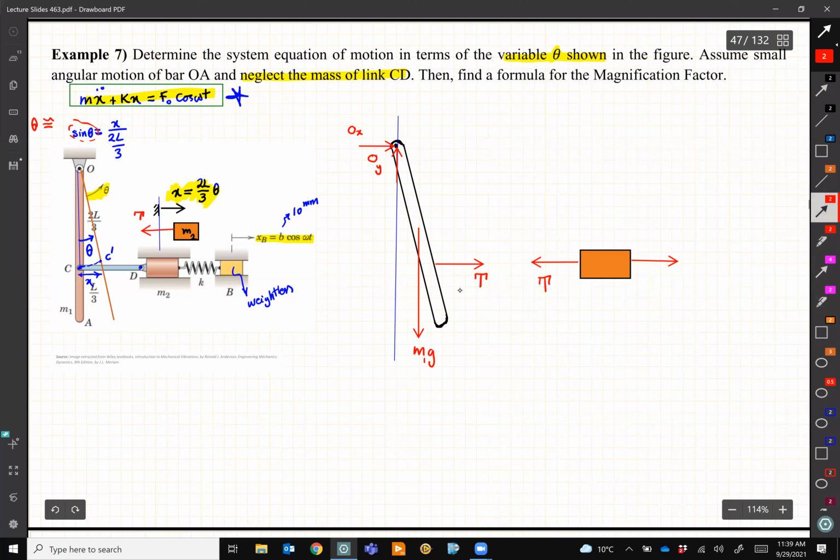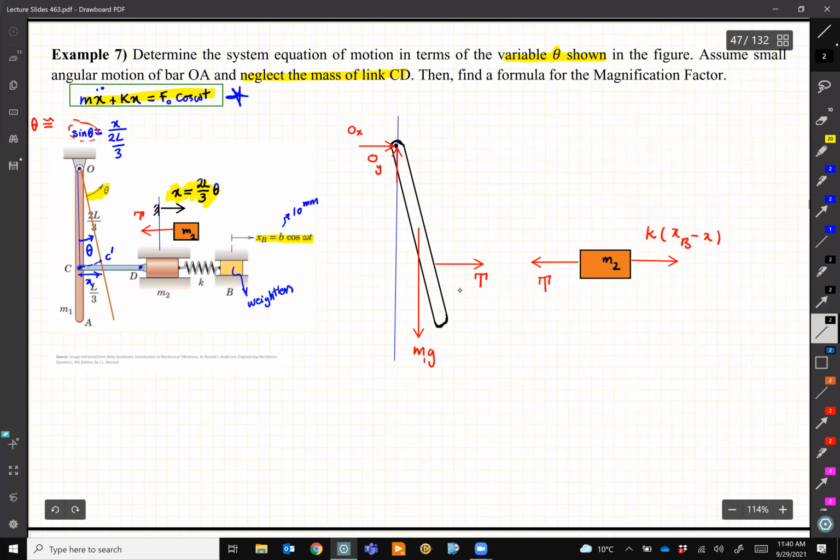And this spring, the stiffness is K. How much it deflects? So XP to the right, minus X. And don't forget, this is M2.